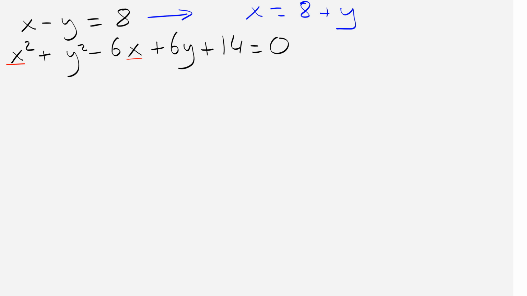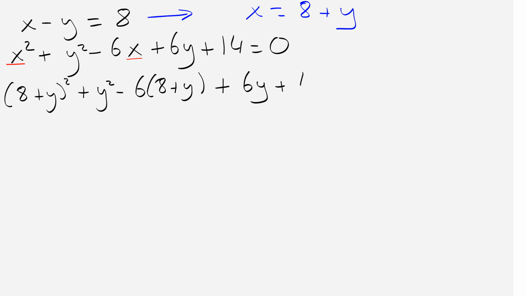So, rewriting the nonlinear one, instead of x squared, I'm calling this 8 plus y to be squared, plus y squared, minus 6 times 8 plus y. Notice I have no squared on the bracket this time because, as you see, this wasn't an x squared, it was just an x, so therefore there's no squared here as well. Just be careful about that. Plus 6y plus 14 is equal to 0.